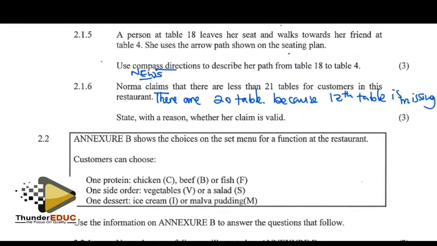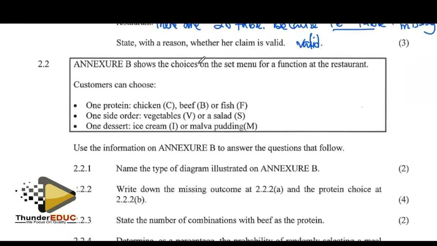Table 13 is missing. State the reason whether her claim is valid. It's valid. State with a reason why. State whether her statement is valid. Yes, there are 20 tables. The 13th table is what? Missing. It's not there. All right, let's look at the next chart B.